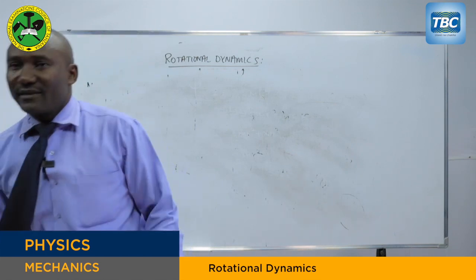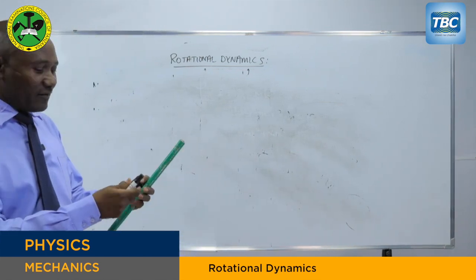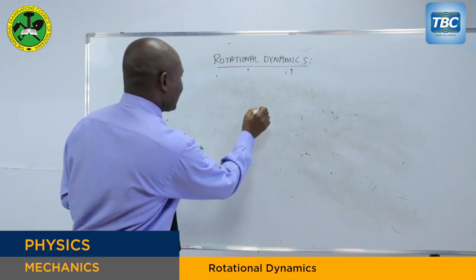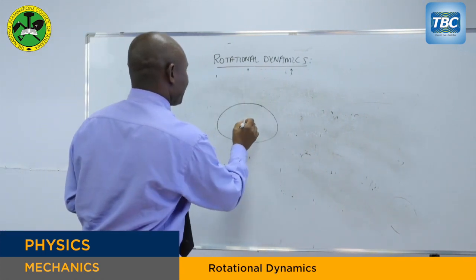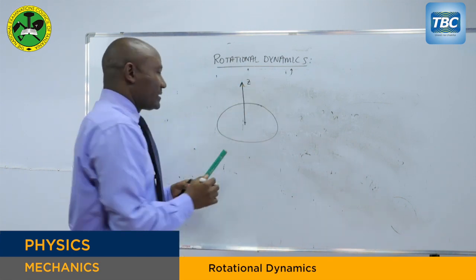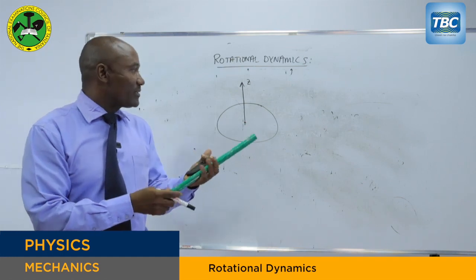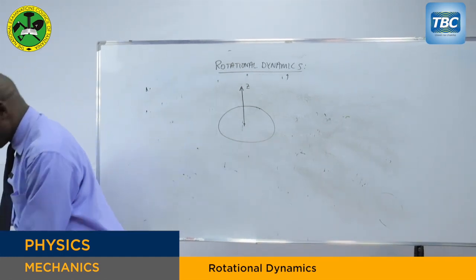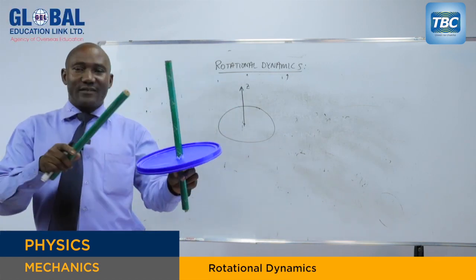The theorem says that, suppose we have an object, a disk. This is the axis which is perpendicular to the plane. Like here, that Iz is this axis here.